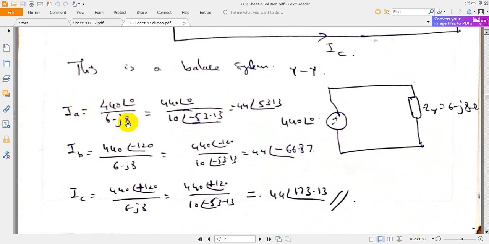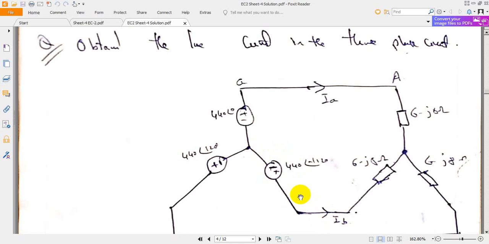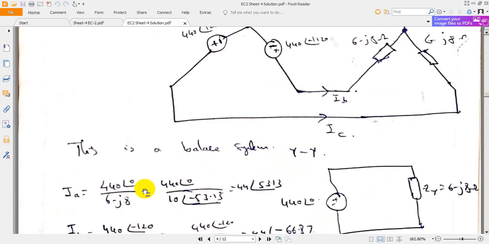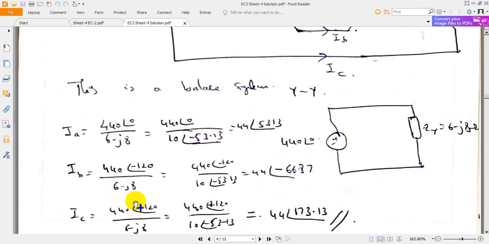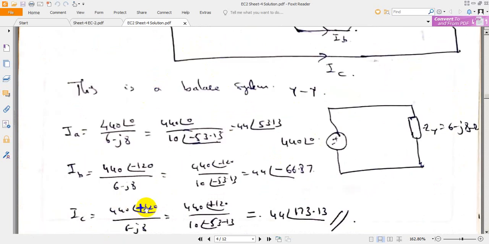So IA is equal to 440 divided by 6 minus J8. IB is equal to 440 at an angle of minus 120 divided by 6 minus J8. Similarly IC, for the C phase, 120 is connected, so 440 at an angle of plus 120 divided by 6 minus J8.